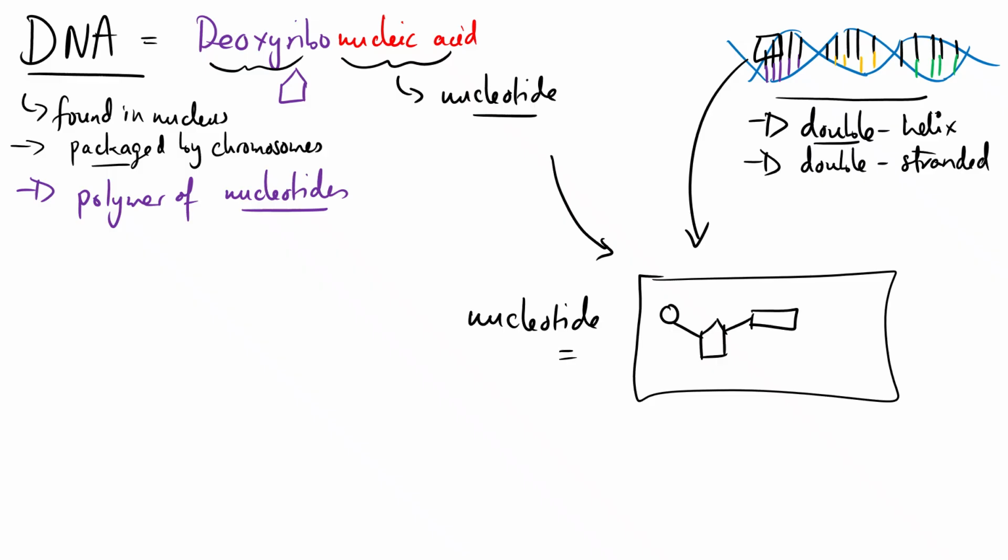Let's see what a nucleotide is actually made out of. So I've drawn here a circle, a pentagon, and a rectangle. The pentagon is made out of deoxyribose sugar. Now we know the classic sugars, the polysaccharides, the polymers, so the poly sugars such as starch and glycogen.